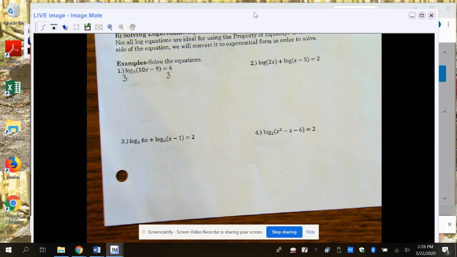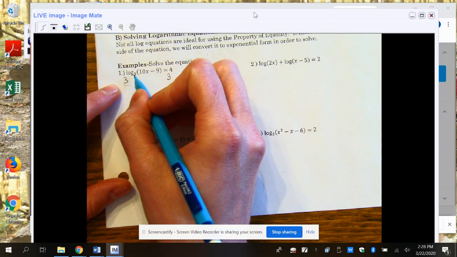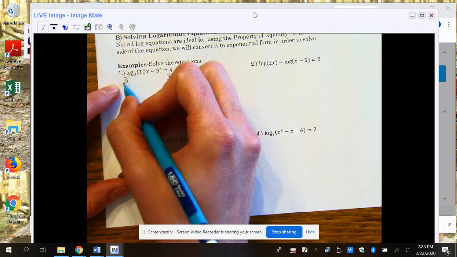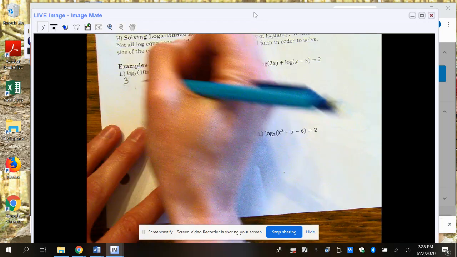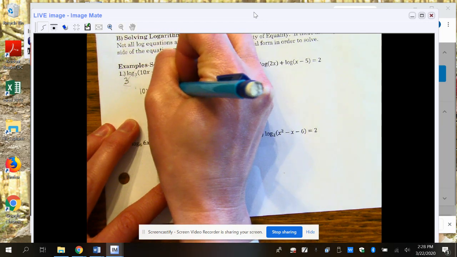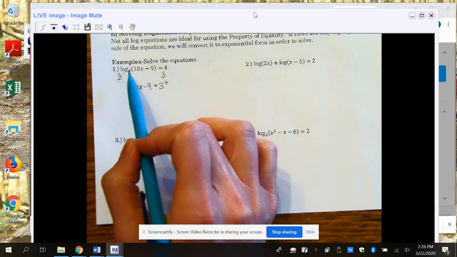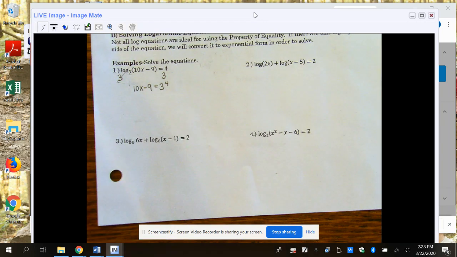I'm making it an exponent because now I can use the inverse property. I've got an exponent with a base of 3 and a log with a base of 3. They cancel each other out, leaving me with 10x minus 9 equals 3 to the 4th. Now my log is gone because I did the inverse of it, and the inverse of log base 3 is an exponent base 3.